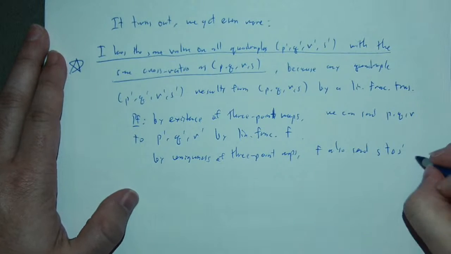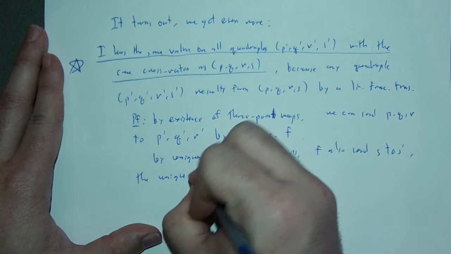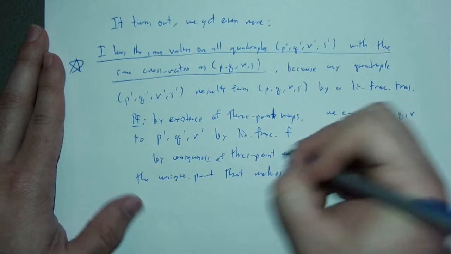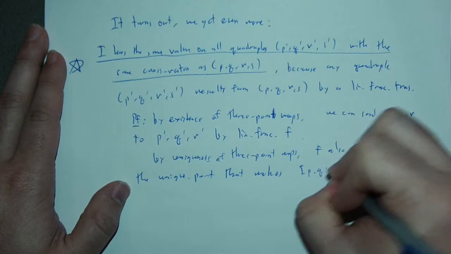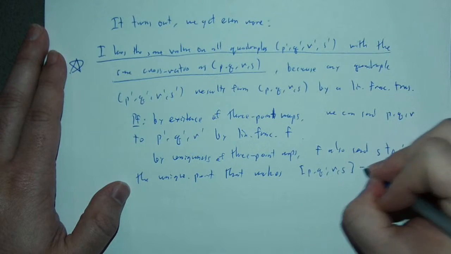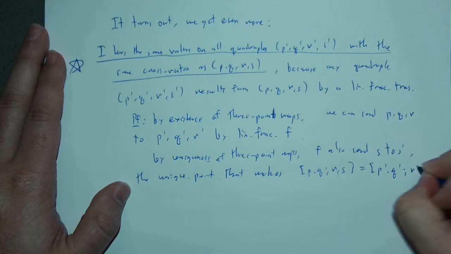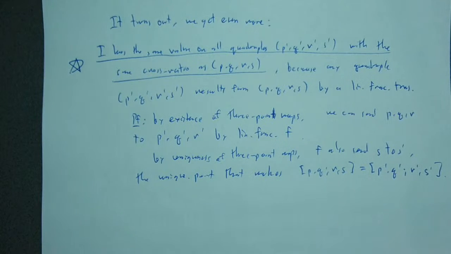Right? It's the unique point that makes the cross ratio of P, Q, R, S equal to the cross ratio of the transformed quadruple P prime, Q prime, R prime, S prime. But this gives you the result.